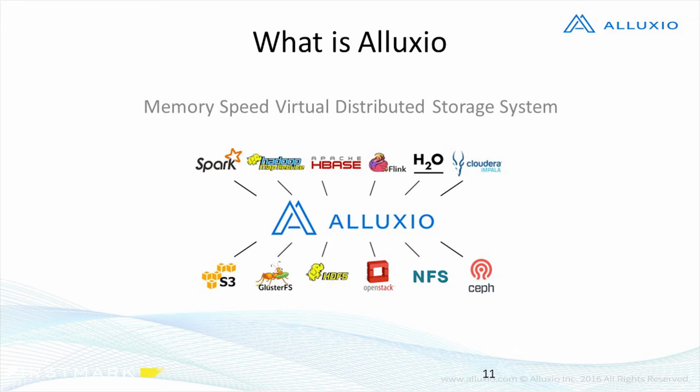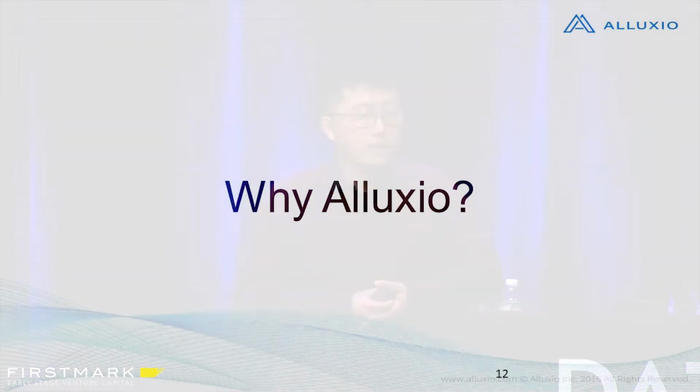For example, you may have cloud storage like Amazon S3, Microsoft storage, Google Cloud Storage, or other open source storage like Gluster, HDFS, Ceph, or private cloud storage like OpenStack Swift, or traditional storage like EMC, NetApp, IBM, Huawei. Those are all different types of storage. And we insert Alluxio in the middle to bring benefit to the whole ecosystem, which I'm going to explain in the later slides. So then the question is, why do we want to build this system called Alluxio?